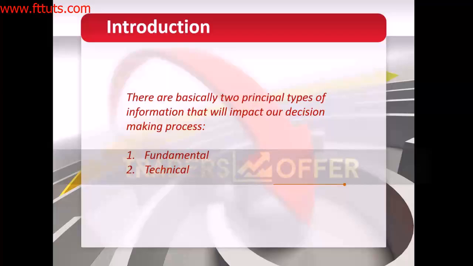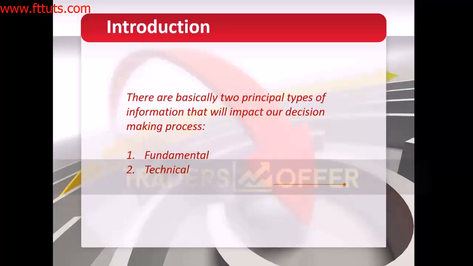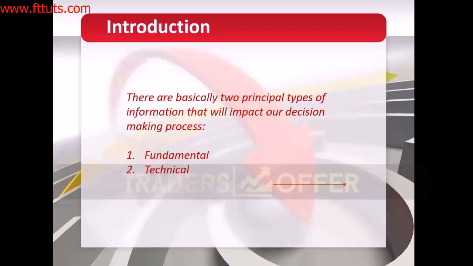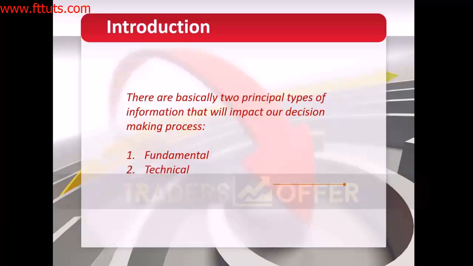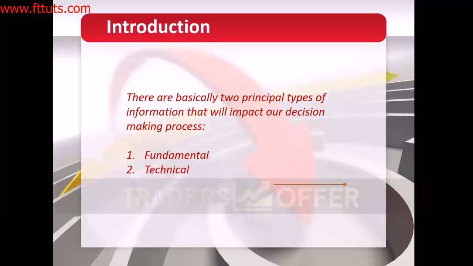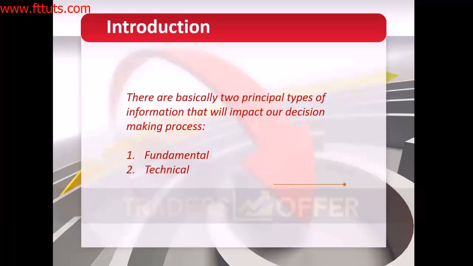Now, when we look at information that would help us in trading, we're basically looking at two principal types of information that may impact our decision-making process as traders. One is fundamental, and this is especially important for Forex traders because the primary and the major participants in the Forex market are central banks.